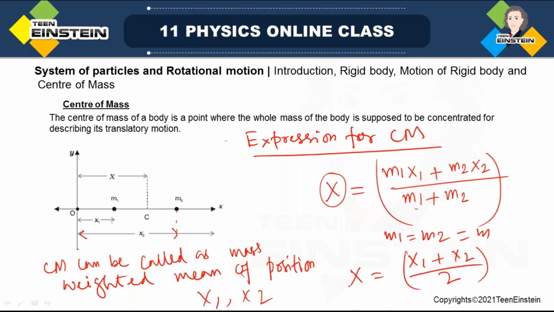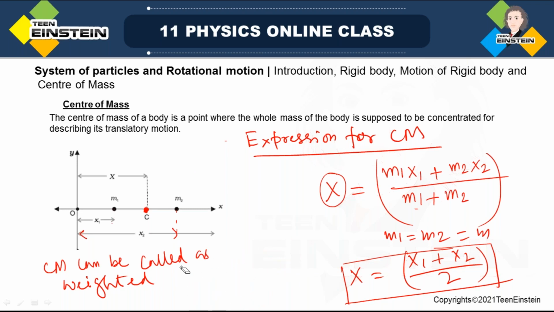So this is actually the mean position of the two objects. If the two objects have the same mass, then the center of mass is situated at the midpoint between the two objects.